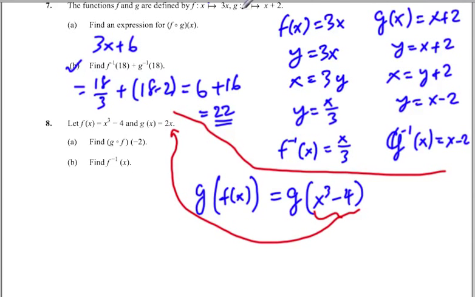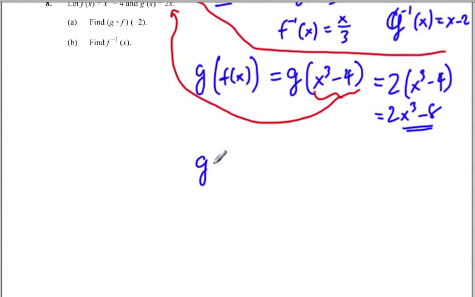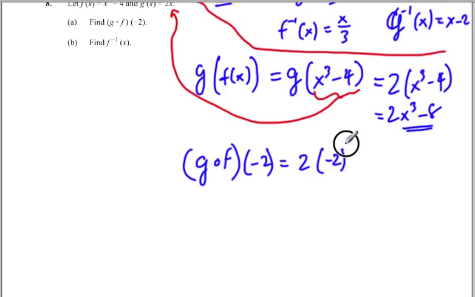So it's equal to 2 times x cubed minus 4, which is equal to 2x cubed minus 8. And sorry, that's not the solution, because now we have to plug in -2. So g of f of -2 is now equal to 2 times -2 cubed minus 8.